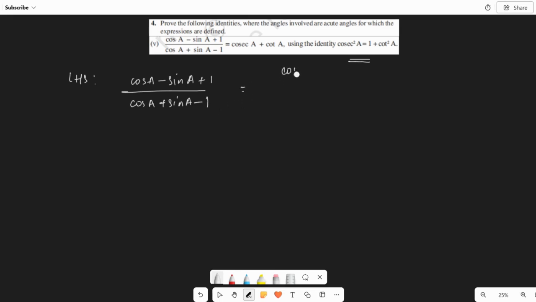That becomes cos A/sin A − sin A/sin A + 1/sin A in the numerator.